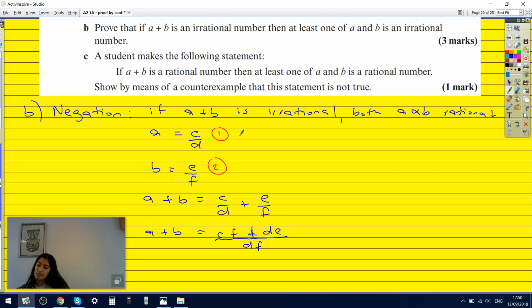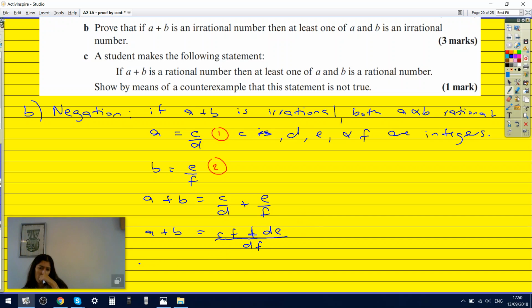So what we needed to say up here, which is kind of assumed, was C, D, E, and F are integers. And so what can you say about this fraction? It's rational.